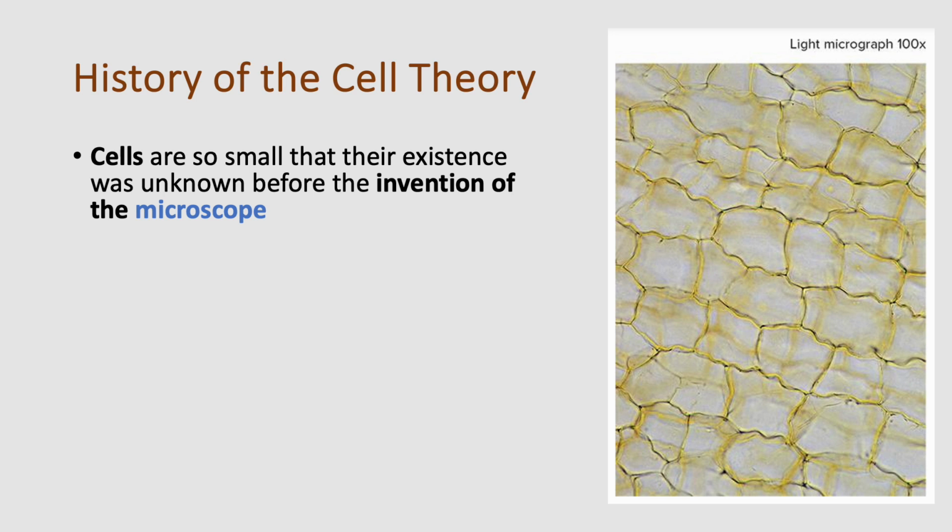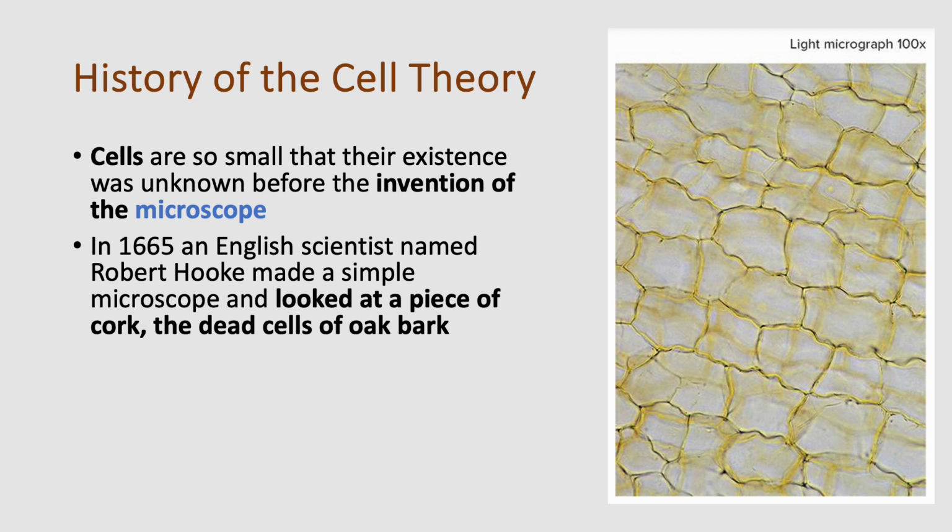Now, when we're looking at the history of the cell theory, cells are so small that their existence was unknown before the invention of the microscope. Things that we take advantage of, like just looking at cells in a piece of bark, prior to 1665, nobody had ever seen this.